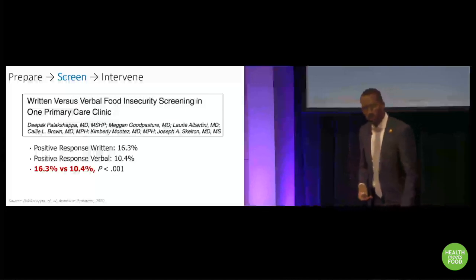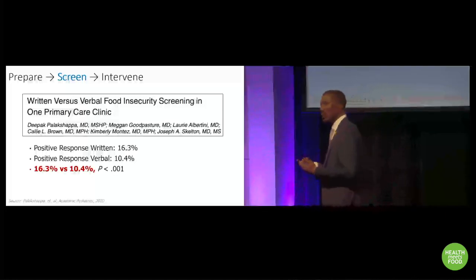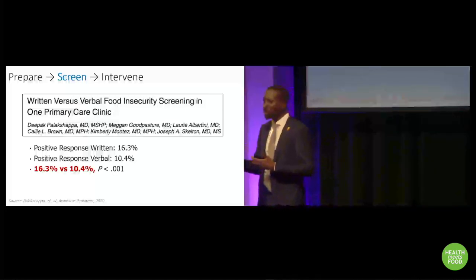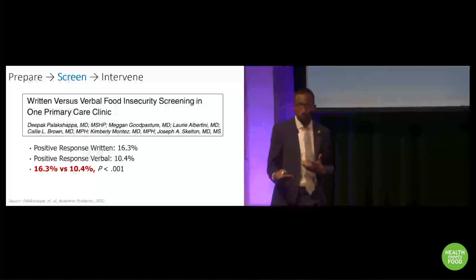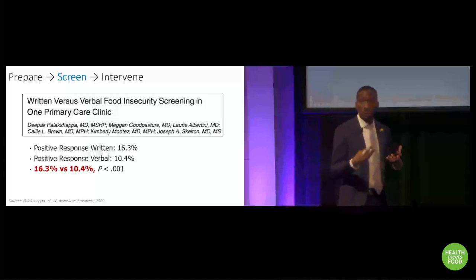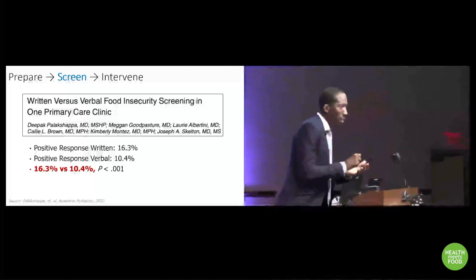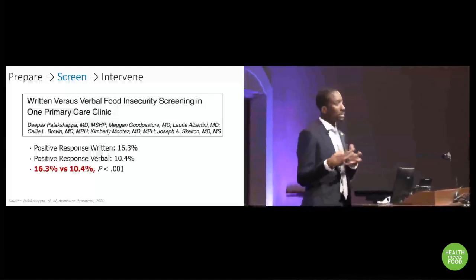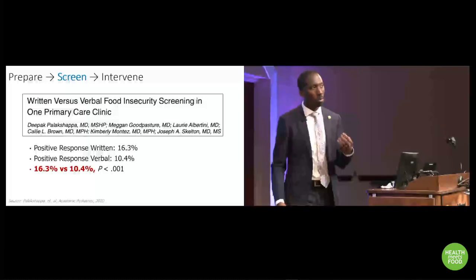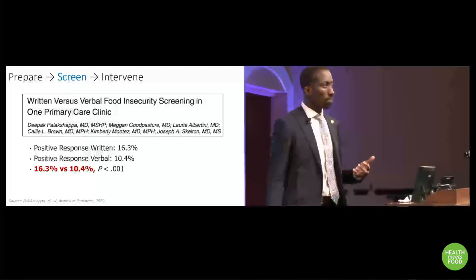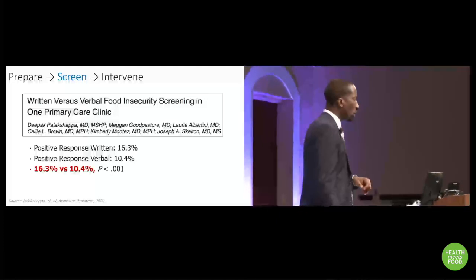Are you dealing with any challenges with food? We just ask it in different ways. It's uncomfortable to ask that question verbally, and it's also uncomfortable for the family to respond verbally. So we encourage you to do it through a written kiosk, or a laminated piece of paper, something to protect the family, versus asking verbally. That's going to get your best response, and that's something to keep in mind as well.